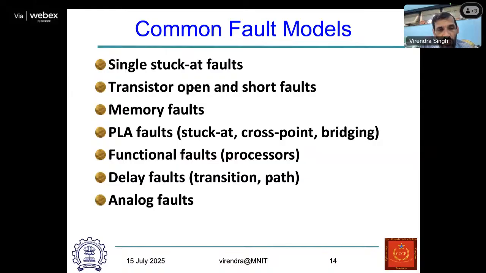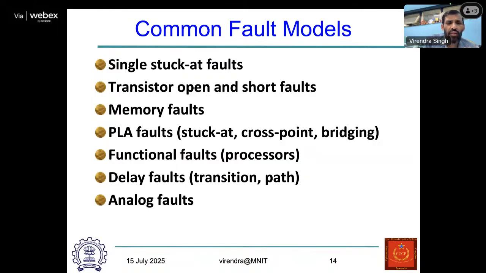So either we should test this as a transistor fault using the transistor fault model, because every inverter has two transistors, so there are 4 transistors, and I can check those 4 transistors. Or, since it is a regular array, we can develop another functional fault model for the memories, and that we will discuss in today's talk.